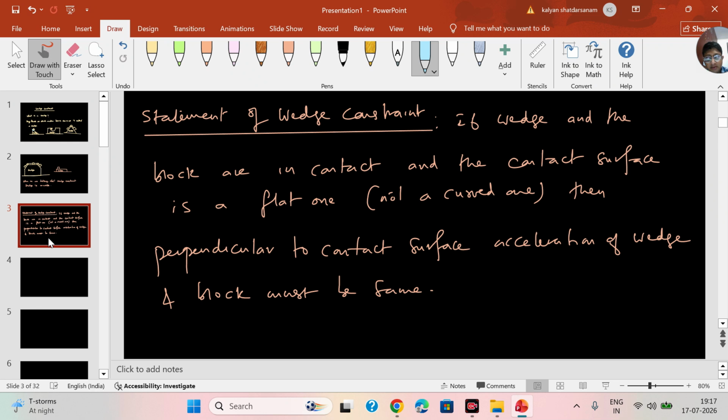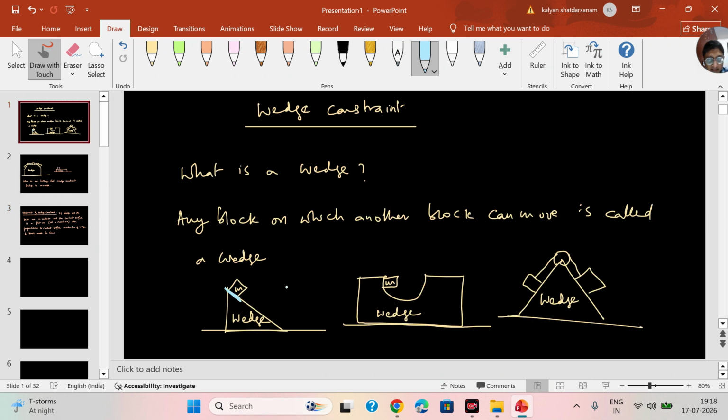If the contact surface between wedge and block is curved, then this condition may fail. This condition that wedge and block, if they are in contact, perpendicular to contact surface accelerations must be same, that condition will fail. We will see that slightly later, but right now, if we assume the contact surface between wedge and block is flat, then perpendicular to contact surface, which means in this direction, acceleration of the block and the wedge both must be same.